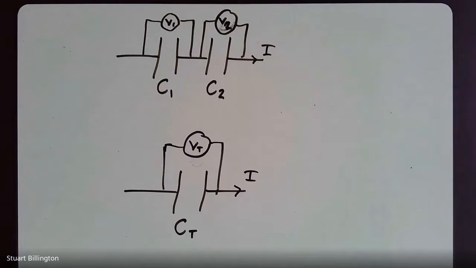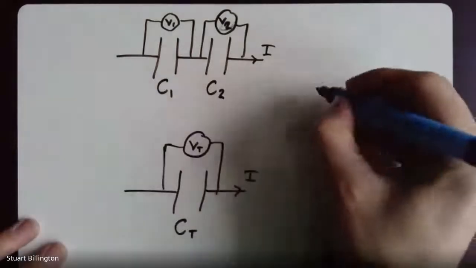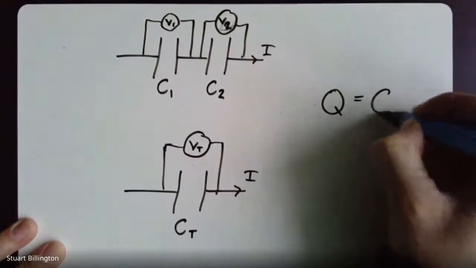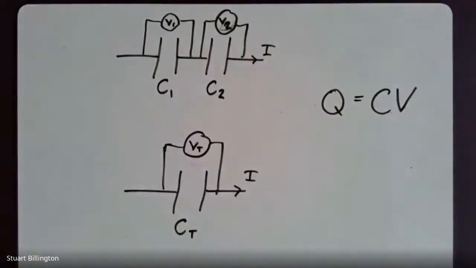Okay, what's the only formula you know with capacitance in it? Type it on the chat if you want. Q equals VC. Very good. Where should I put this? Okay, so anybody want to give me the missing variable now?